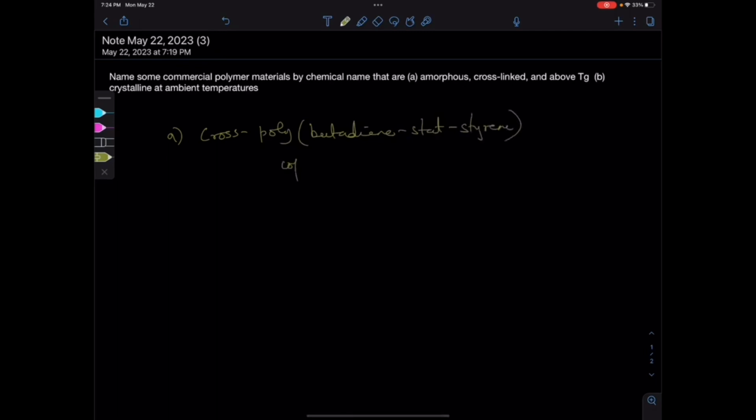It's a copolymer of butadiene and styrene, a statistical copolymer. So that is amorphous and cross-linked above its glass transition temperature.